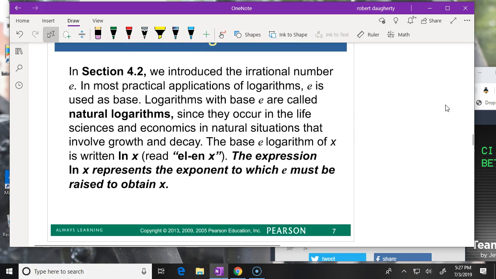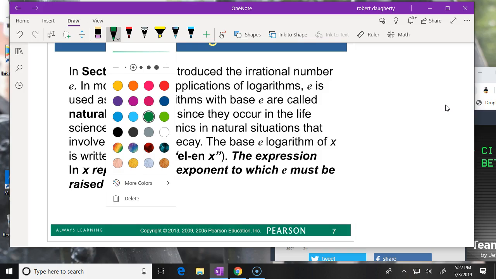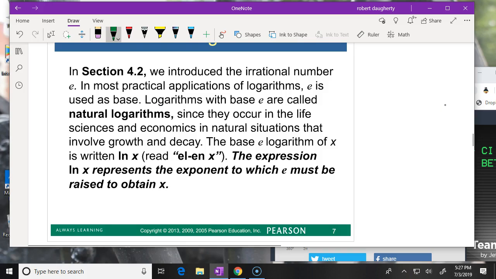Now earlier we talked about the irrational number e. So in earlier sections, we talked about the value of e. So what we have is a logarithm base e. The log base e is referred to as a natural logarithm.